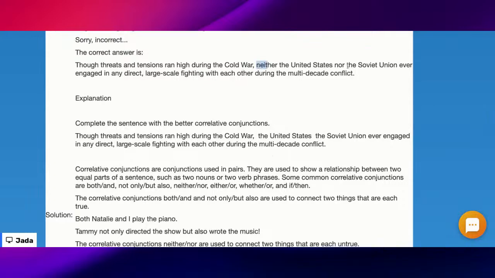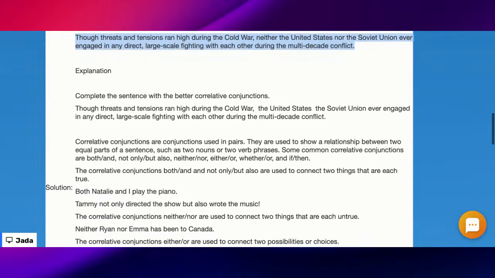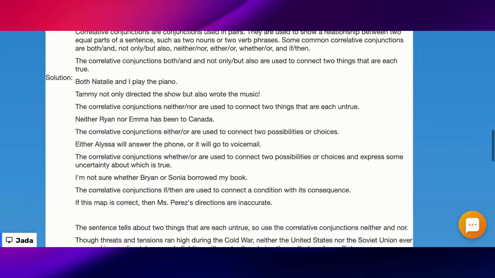Neither nor is here: neither the United States nor the Soviet Union ever engaged in any direct large scale fighting. So you have to be able to use the right correlative conjunction. That's why you have to remember the pairs: the one that is true, the one that is untrue, the one that states possibilities, and the one that tells you about condition and consequences as well.